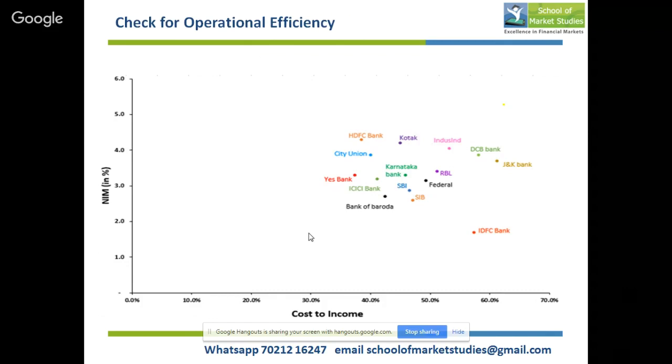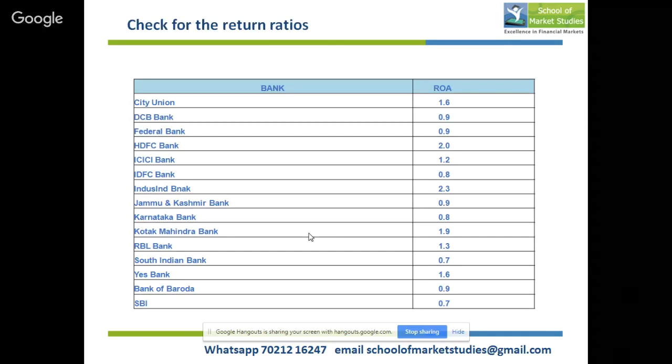And let us see how these banks perform on the return on equity ratio. So this is the efficiency of the balance sheet, and you will notice that various banks earn various numbers. Now, this SBI ROA of 0.7 is in FY20. Mind you, all these numbers are for FY20.